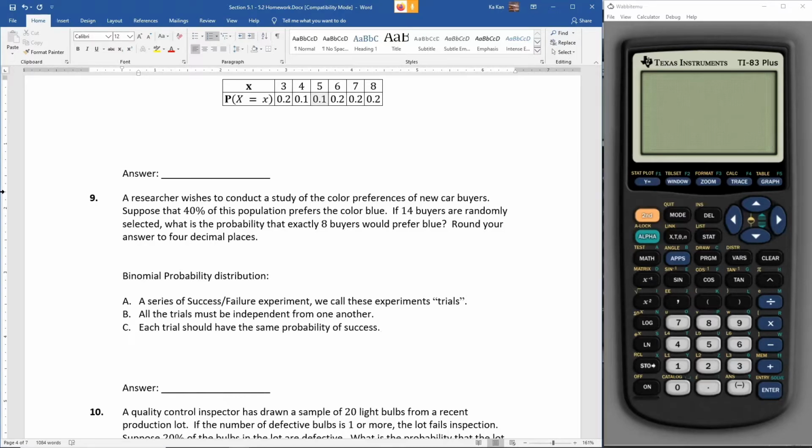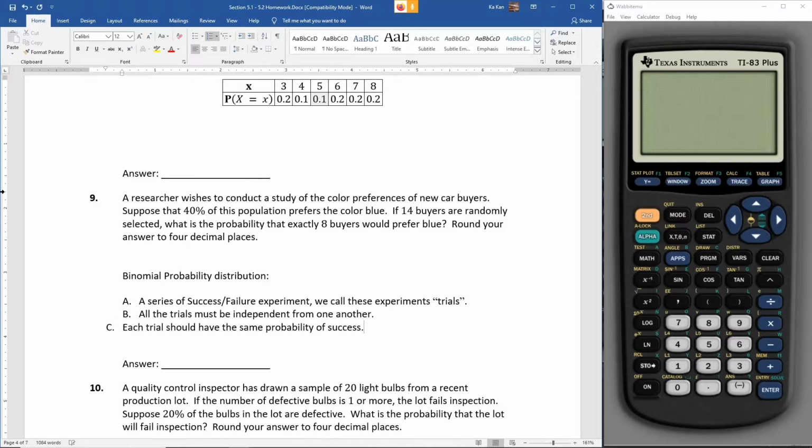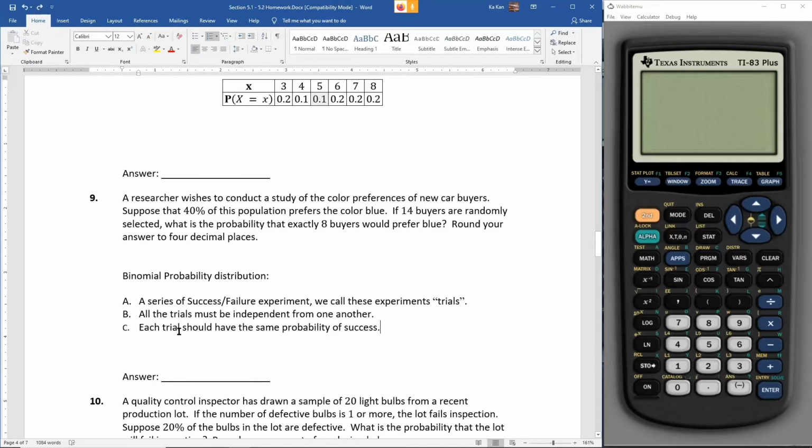Each time I flip the coin, the probability is the same. It's 50-50 to get a head, 50-50 to get a tail. And each flip is independent from another. The first flip doesn't have anything to do with the second one. So that would be an example of binomial. So as long as you meet all 3 criteria, then this is what we call a binomial distribution.